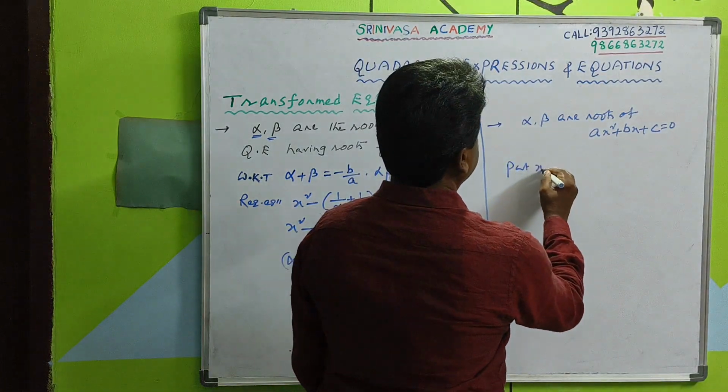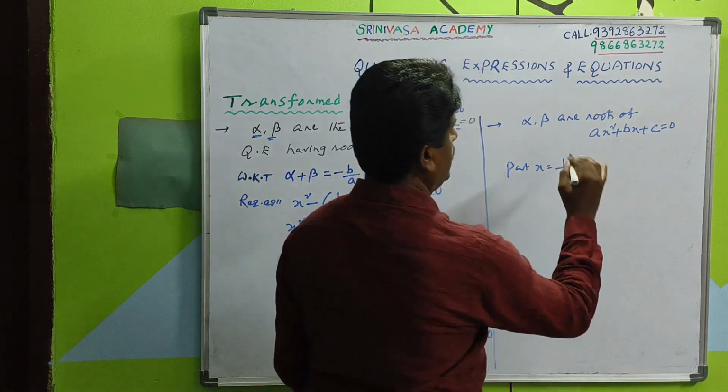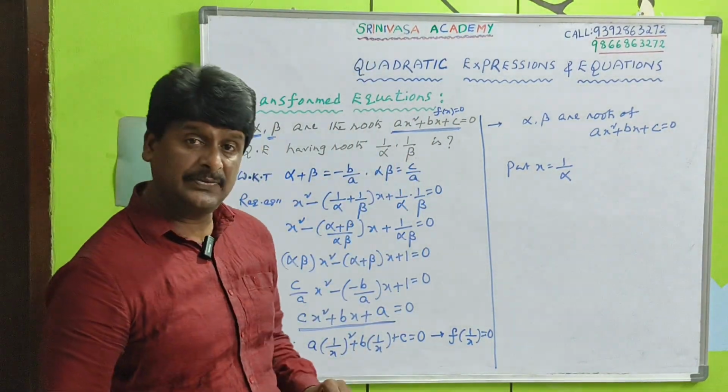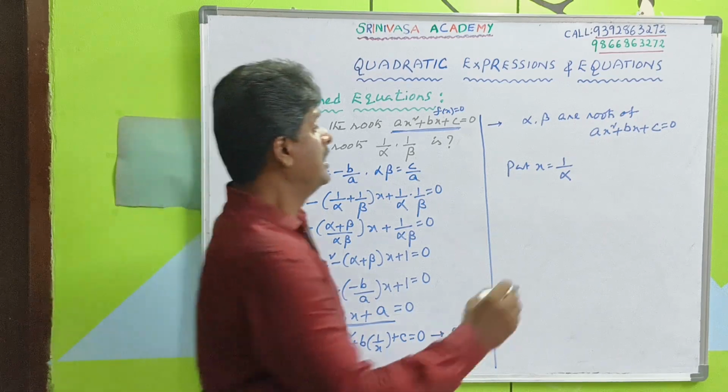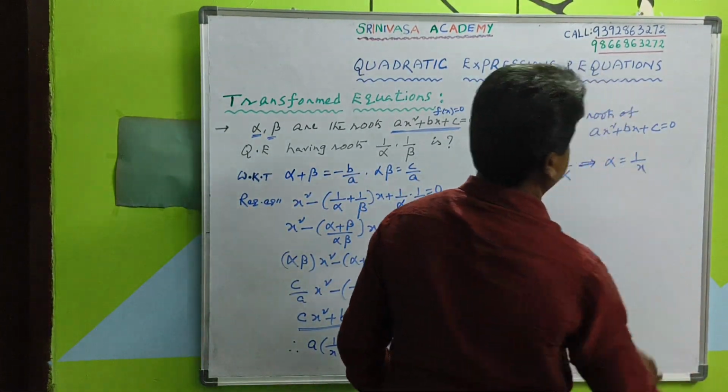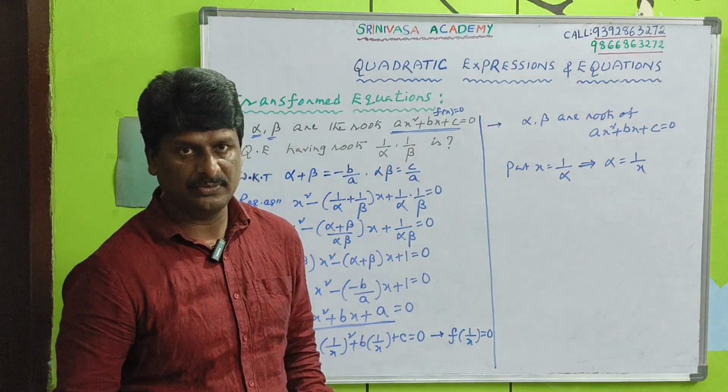Put x is equals to 1 by alpha. Let any one of these given roots be x. From this, alpha is equals to 1 by x. Yes, we got alpha value.